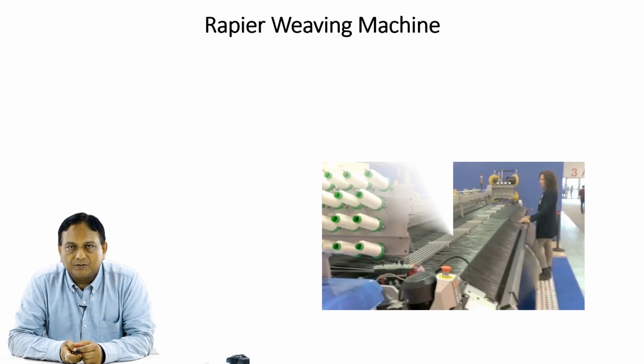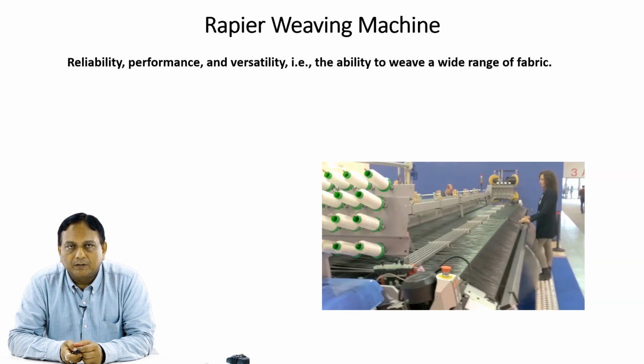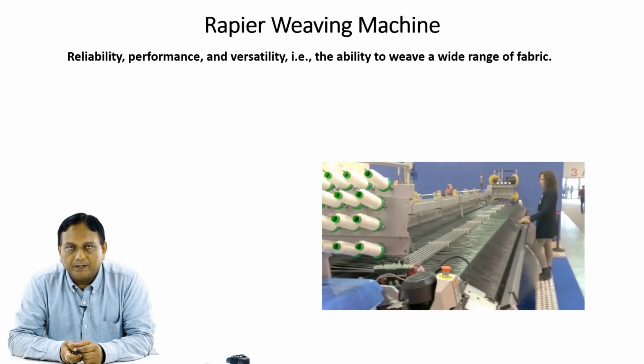Now, this is a close view of the rapier weaving machine. Why is it famous? Because it is reliable, its performance is better, and versatility is one of the key advantages.